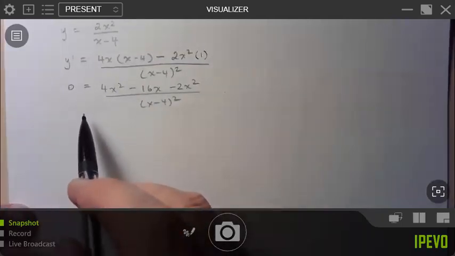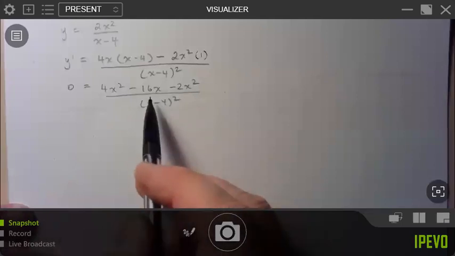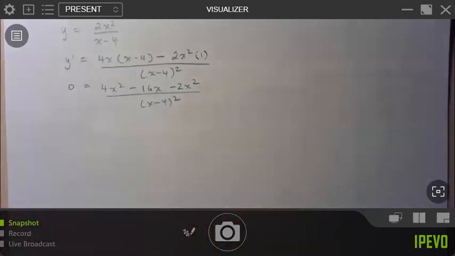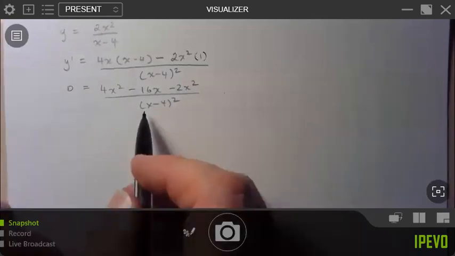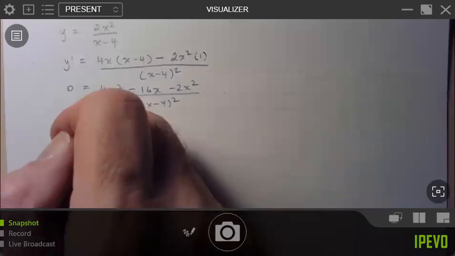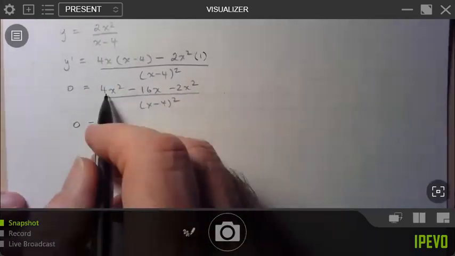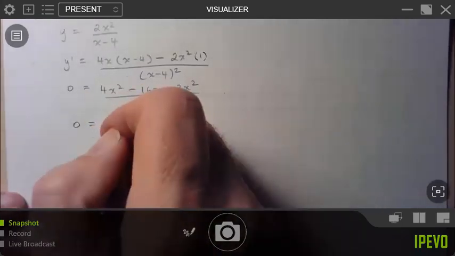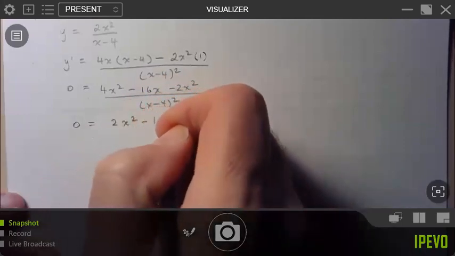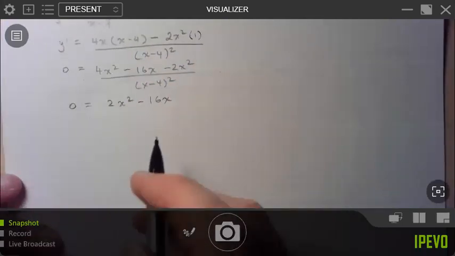And usually what I want to do with a rational equation is get rid of this denominator. And since it's an equation, I don't have to worry about the whole issue with negatives like we do with inequalities. I'm just going to multiply both sides by x minus 4 squared. Okay, so I just end up with 0 equals, and what do I have here? I've got 4 minus 2, so I've got 2x squared minus 16x.